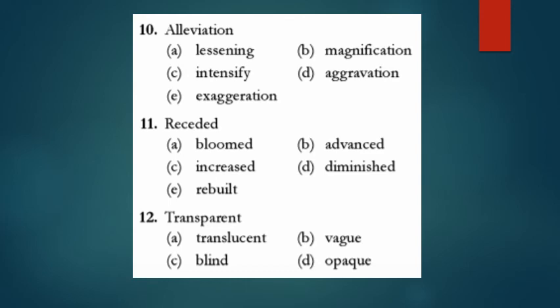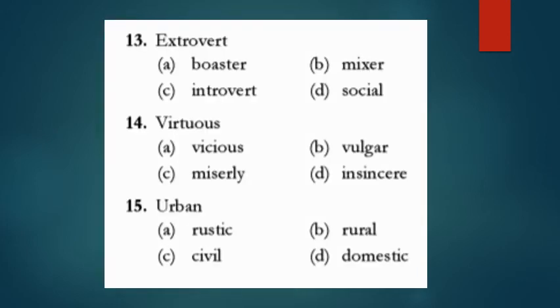Transparent: translucent, vague, blind, opaque. Extrovert: boaster, mixer, introvert, social. Virtuous: vicious, vulgar, miserly, insincere. Urban: rustic, rural, civil, domestic.